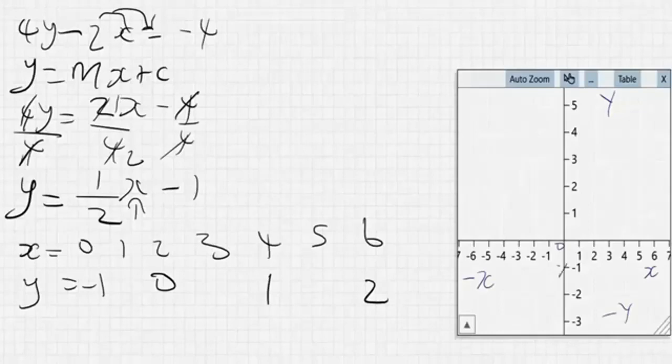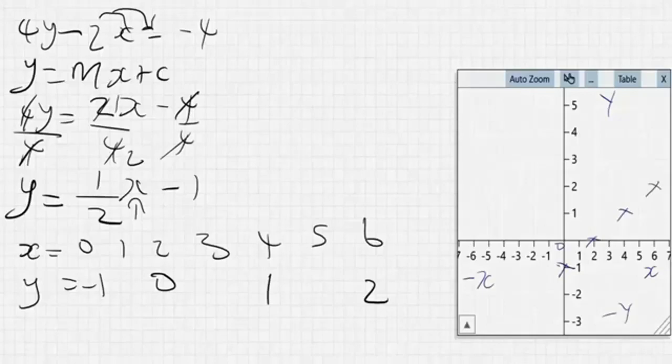So the points will start from here. When our x is 2, our y is 0, so it's going to be here. When our x is 4, our y is 1, so it's going to be here. When our x is 6, our y is 2, so when you trace it, it's going to be here.